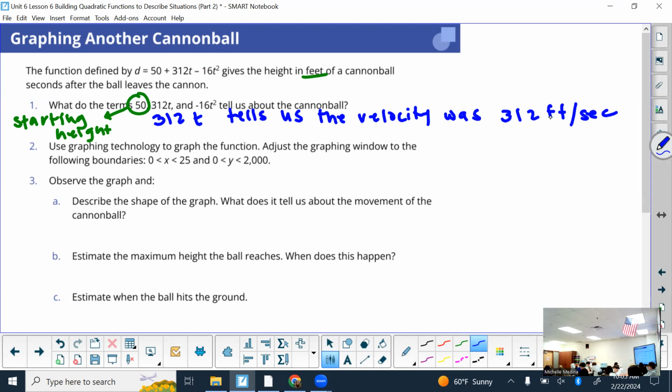Then table 3, what does the negative 16t squared tell us? It tells us that gravity is a factor. So that negative 16t squared has to do with gravity.